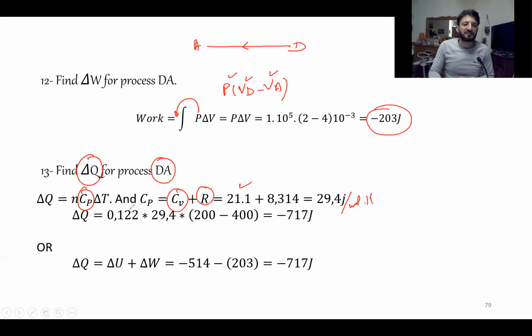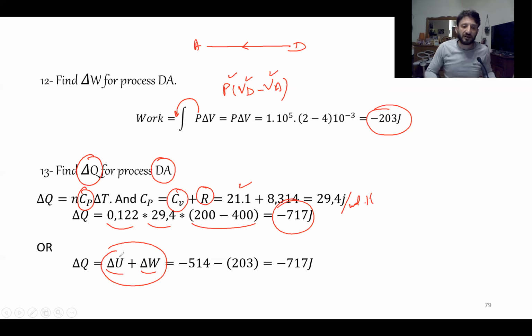Okay? So delta Q equals NCp delta T. Delta T equals TA minus TD. We can calculate it. Or we can use the first law of thermodynamics, delta Q equals delta U plus d omega.